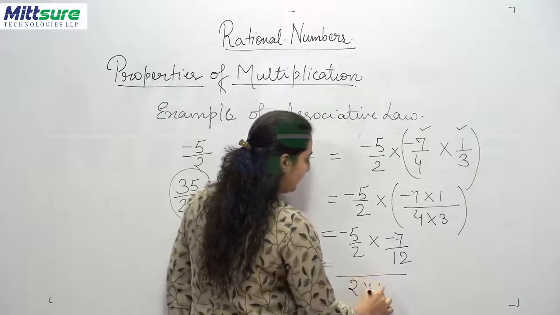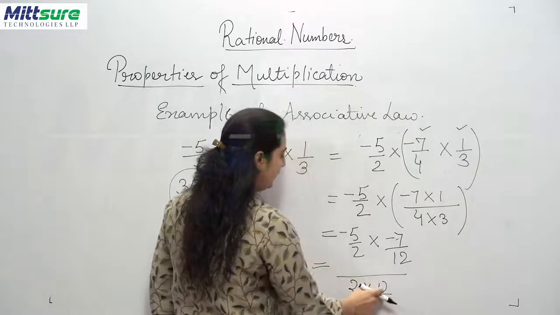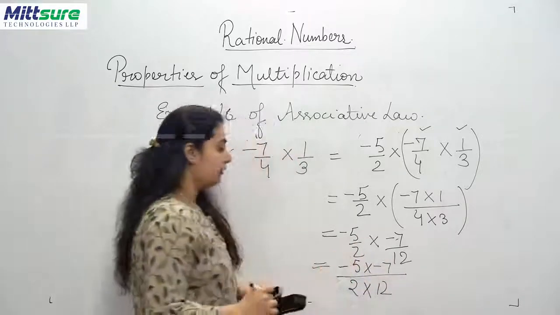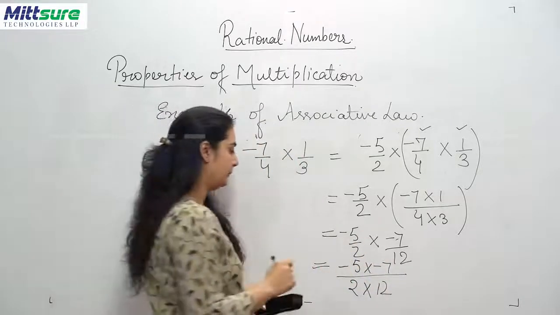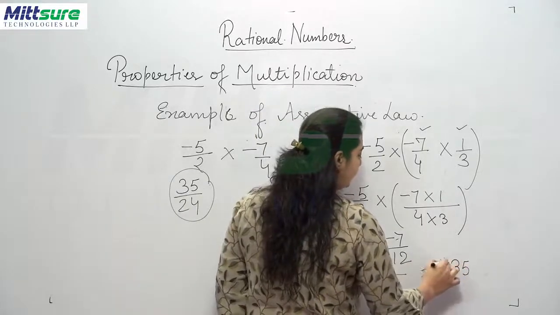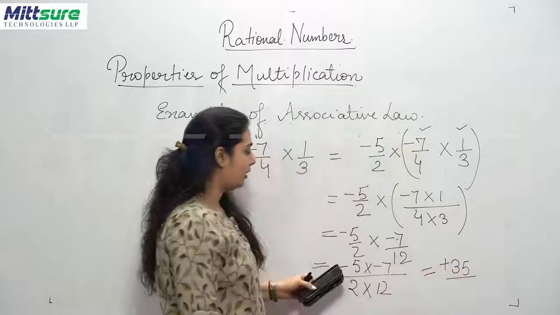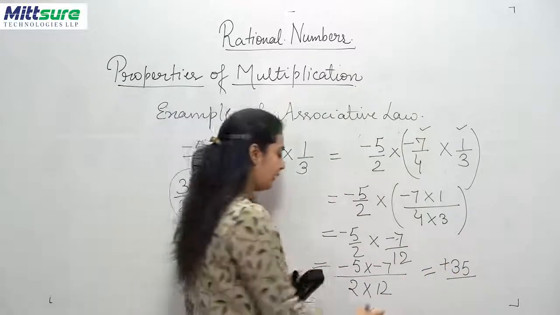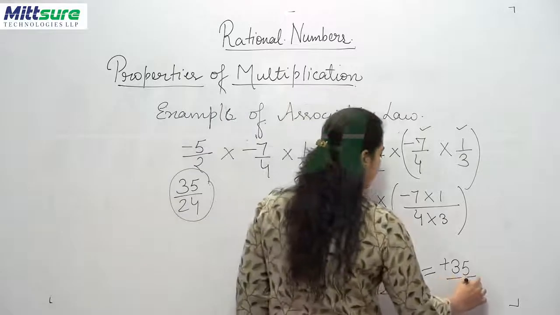2 multiplied by 12, the denominators multiplied together, then 5 into minus 7, numerators multiplied together. So again 5 sevens is 35 with a positive sign. Why? Because negative negative gets changed to positive. 2 into 12 is 24.